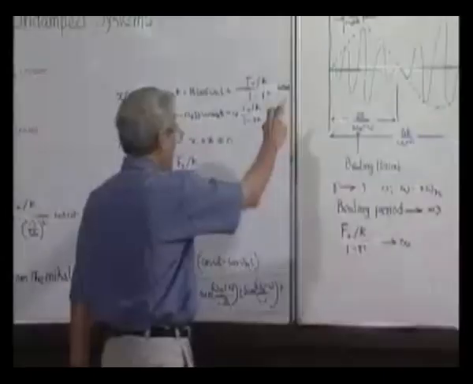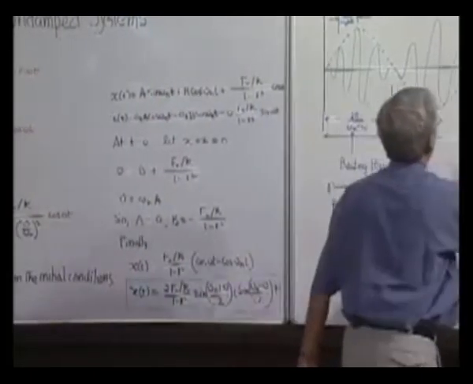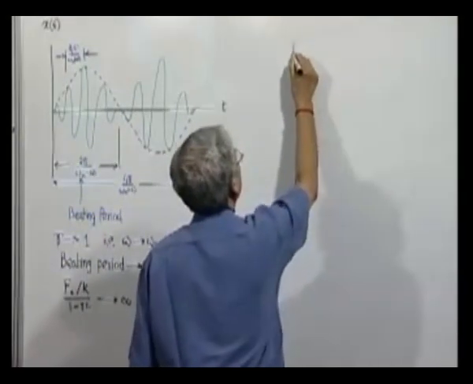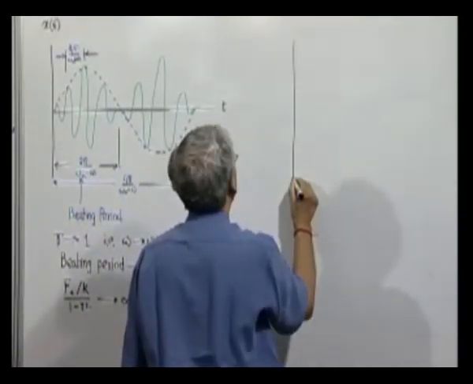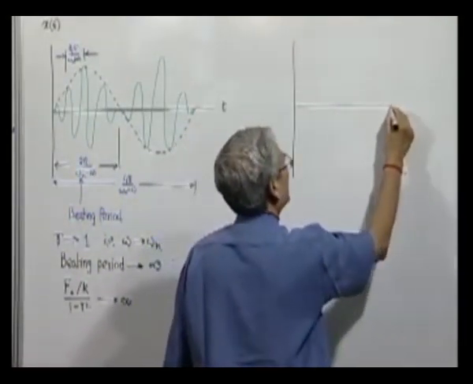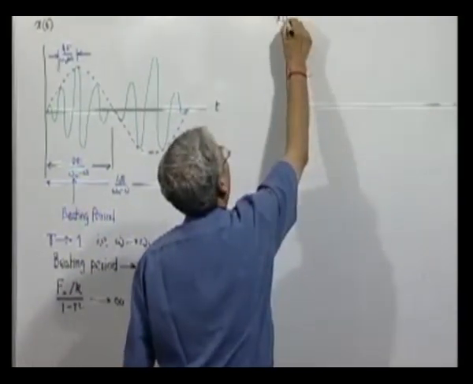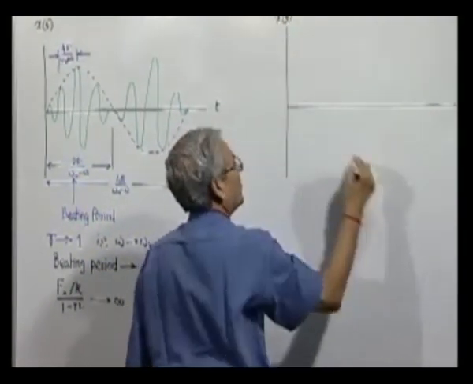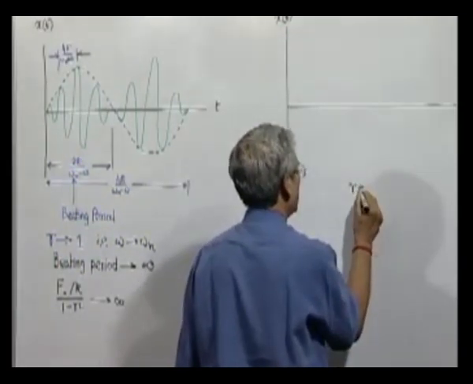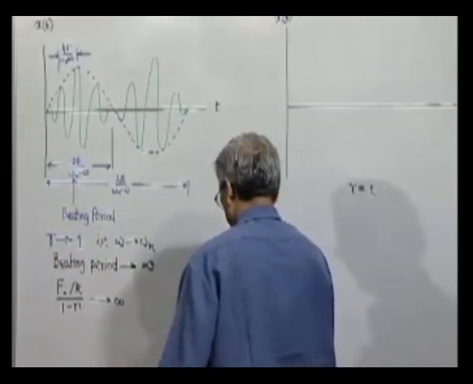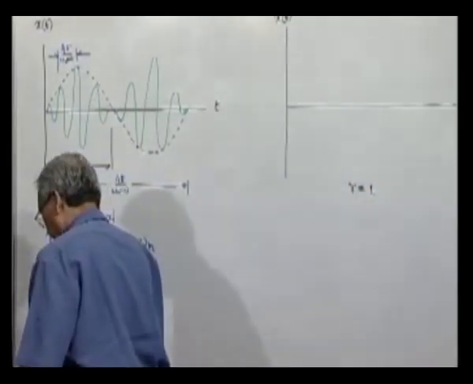And so therefore, if we want to plot this under this situation, this is a case where r is equal to 1. What will we get?